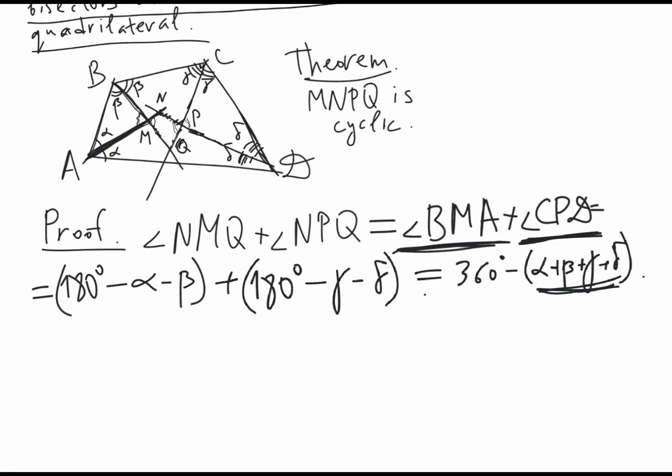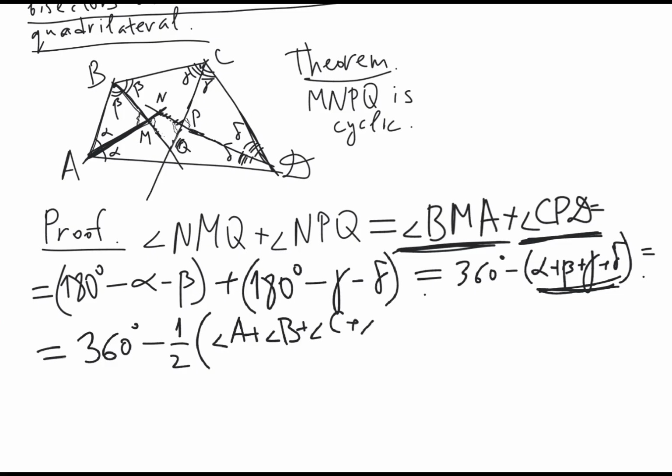This sum is actually equal to half of all angles in the original quadrilateral, because alpha is half of angle A, beta is half of angle B, gamma is half of angle C, and so on. So we have 360 minus 1/2 of (angle A plus angle B plus angle C plus angle D).